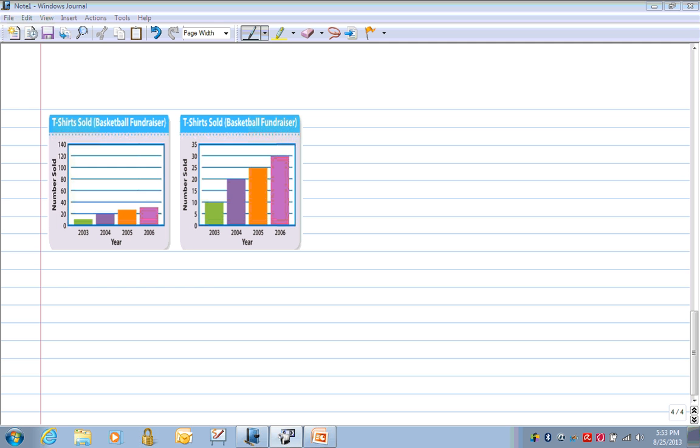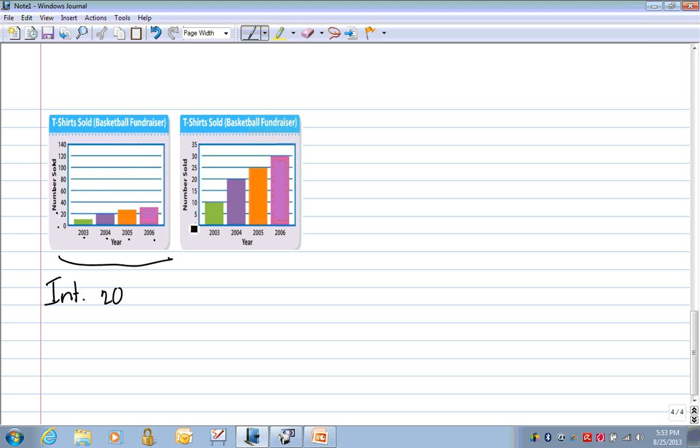In the first graph, t-shirts sold for a basketball fundraiser, and you see the years 2003, 2004, 2005, 2006. And our scale starts at 0, but the next number is 20, 40, 60, 80, 100, and so on. So on the first graph, our interval is 20.